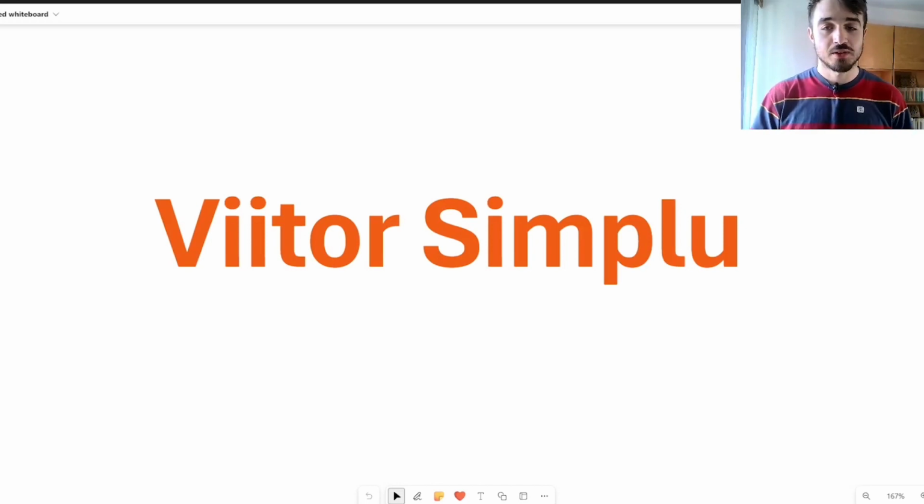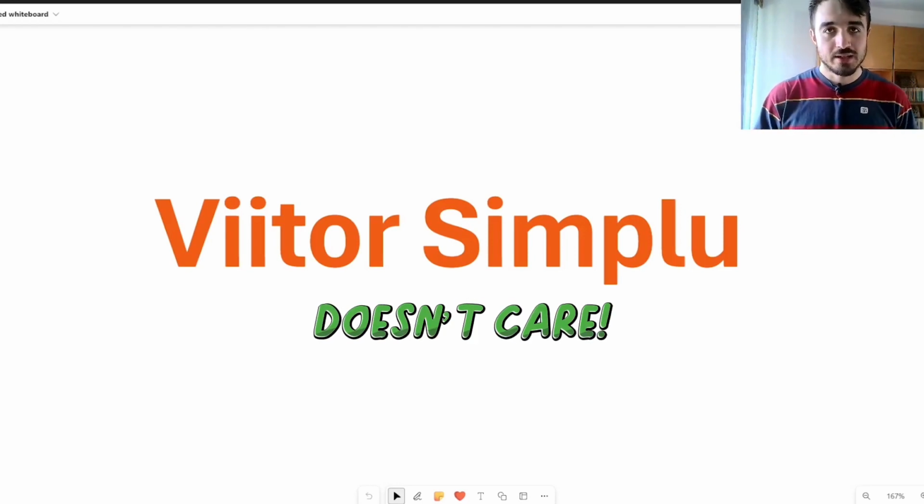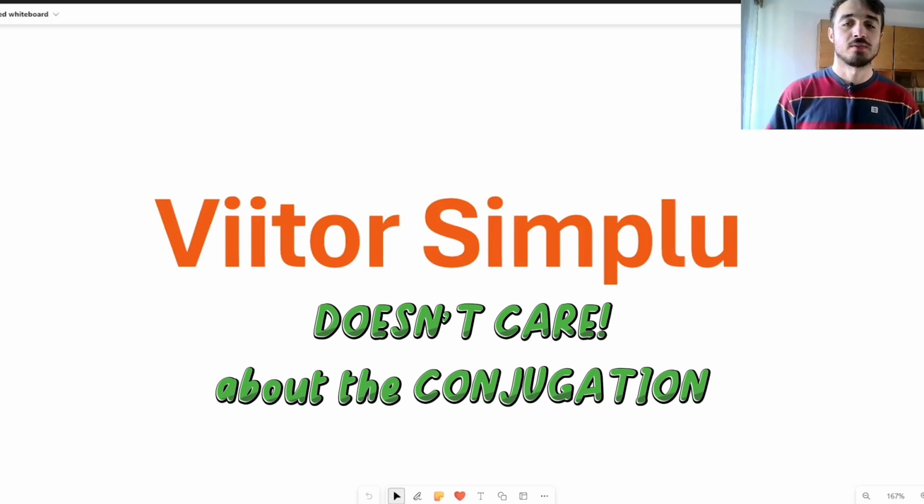And in the viitor simplu, there are also three types. We'll get into that in a second. One very, very important and interesting thing that happens here with viitor simplu is that compared to, for example, past and present, the viitor simplu doesn't care about the conjugation of the verb.